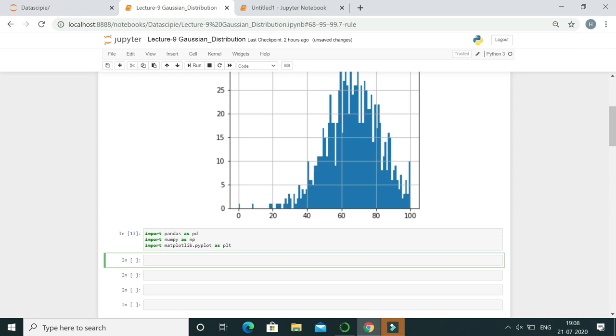Next, we import our data set. For that, we define our data frame df equal to pd dot read underscore csv, and then we specify the file path. When we execute our data frame, we get the data.